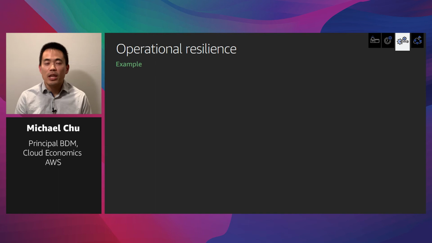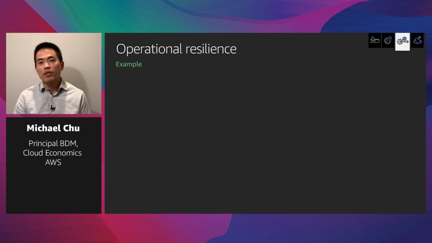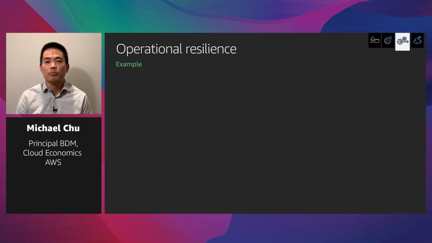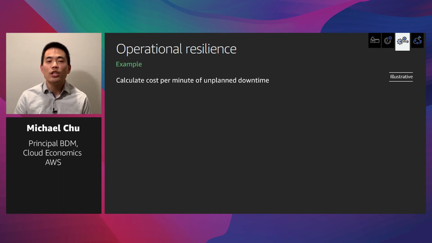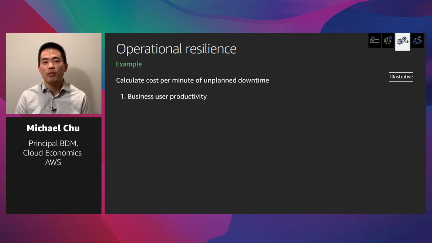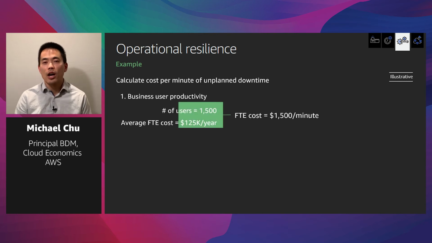Recently, I worked with a media company looking to improve the SLAs of their advertising workload. From the 9 categories of costs in the Bottomup Institute study, they really understood the business user productivity impact when this particular workload went down. They knew that it impacted 1,500 workers, each fully burdened at $125,000 per year. And this obviously translates to a cost per minute of $1,500 when this particular workload went down as an impact to business user productivity.